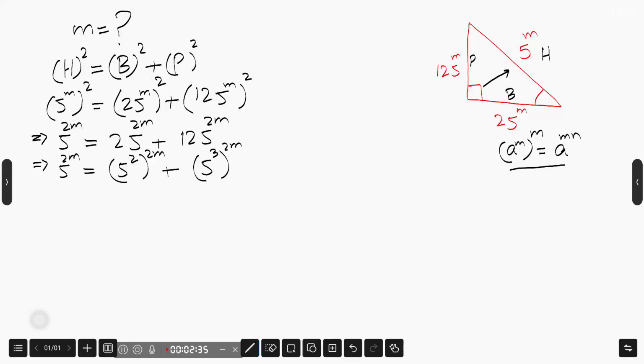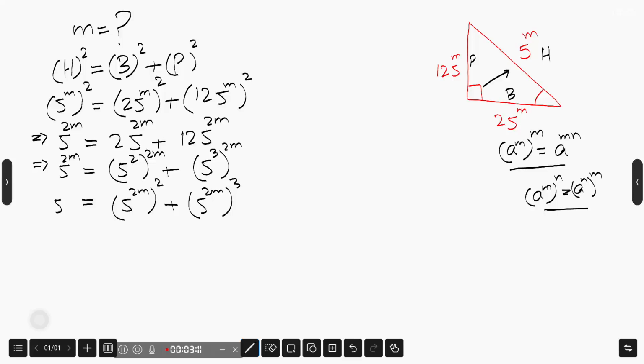In the next step we again use this law, rewriting it in this form: if you have a to the power of m to the power of n, we interchange these two exponents and it gives the same answer. So it will be written as 5 to the power of 2m whole square, plus 5 to the power of 2m whole cubed.